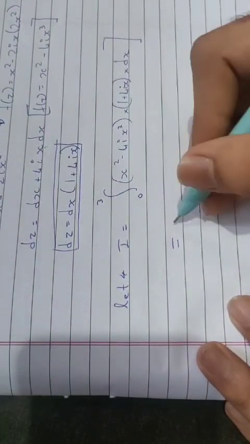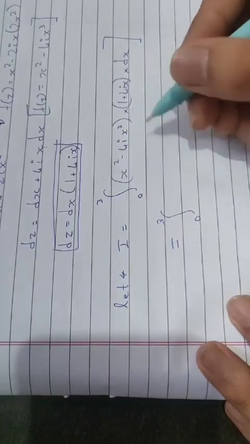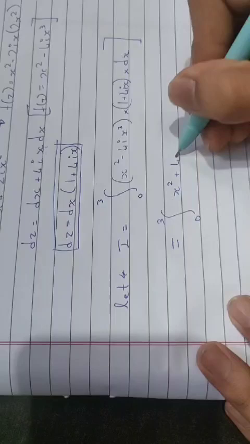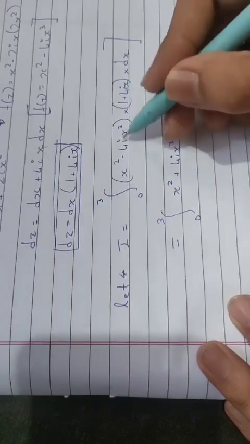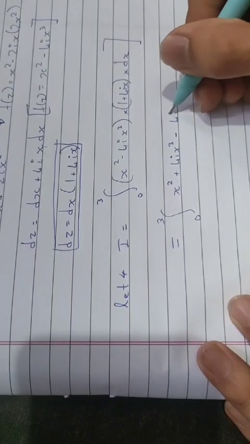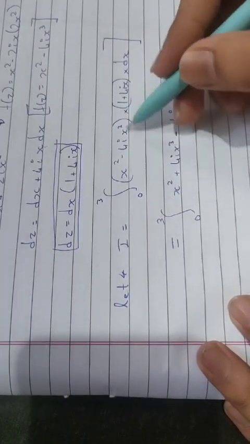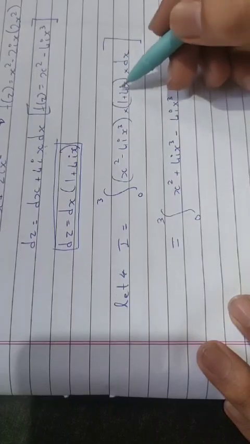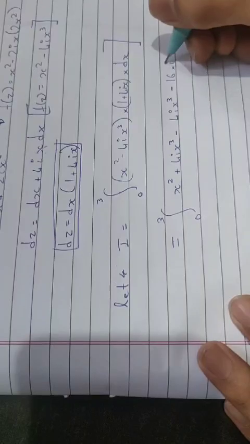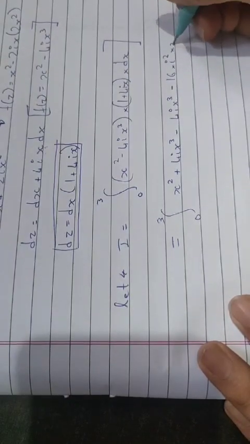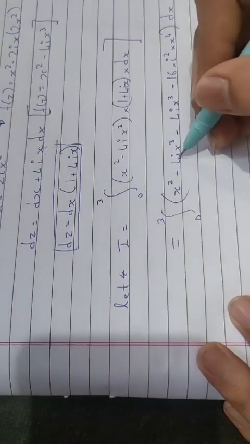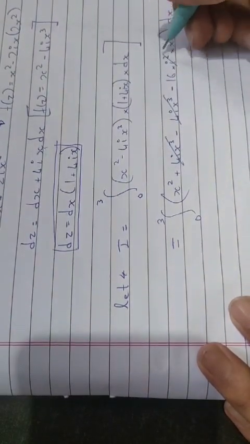Nice. So now if we multiply this inner part, we'll get x square, then x square into 4ix gives plus 4ix cube, minus 4ix cube into 1, so minus 4ix cube, then minus 4ix cube into 4ix, which will give us 4 4s are 16 i square into x raised to 4, and still we have a dx right here.